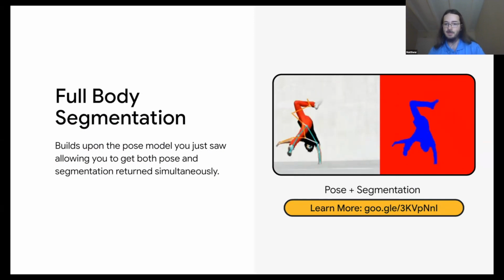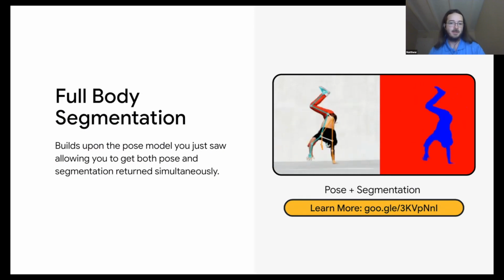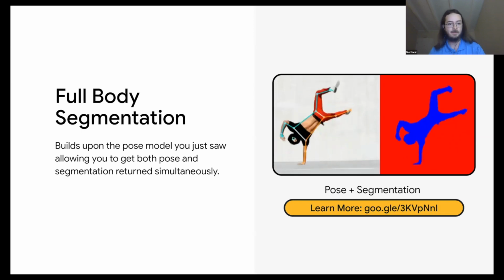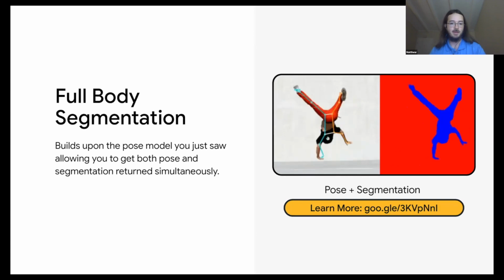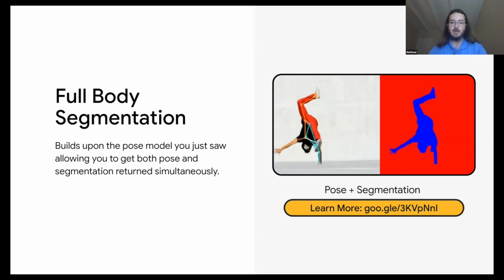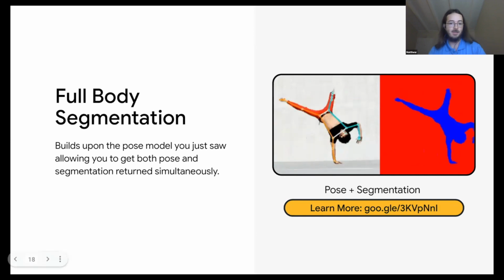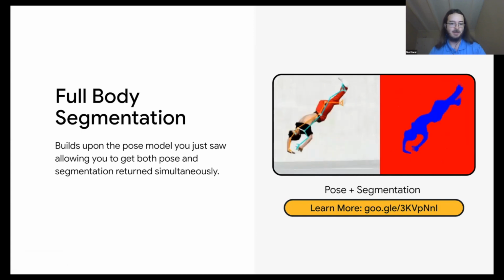Like I said, this expands on the pose estimation model that you saw before. So you can get both of these results with minimal overhead. And this model is now part of our unified pose API, linked on the slide, that shortened Google link right there. So if you need both pose and body segmentation returned at the same time, go check it out.